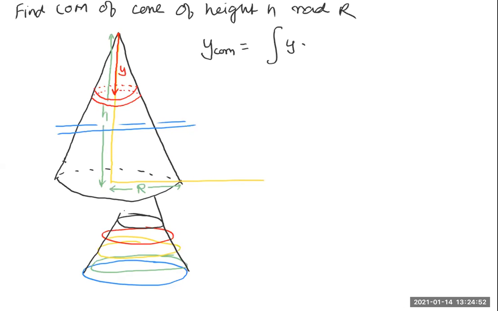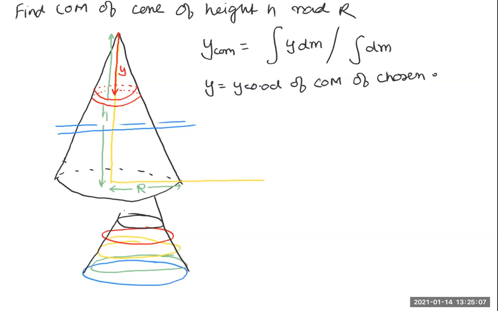So this is y dm divided by integral dm, where y is the y coordinate of the center of mass of the chosen element. In this case, it is the red disk. Okay, so a cone is made up of disks.